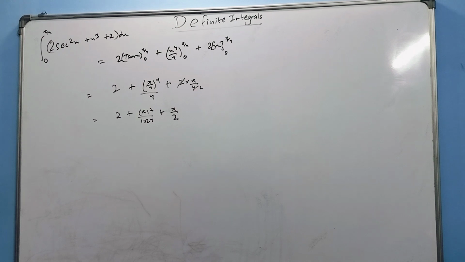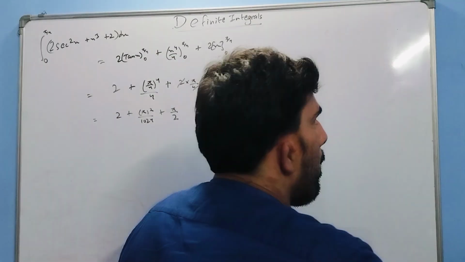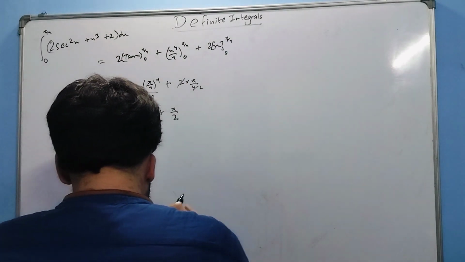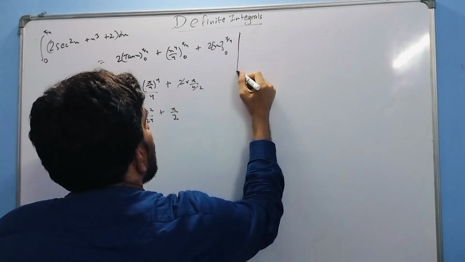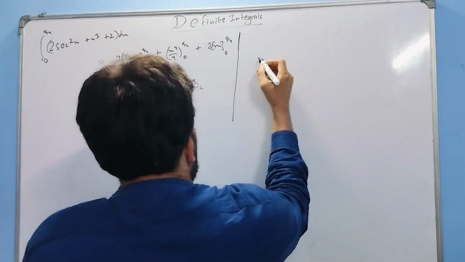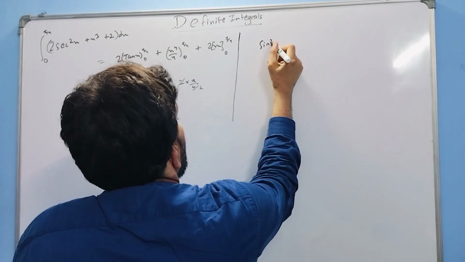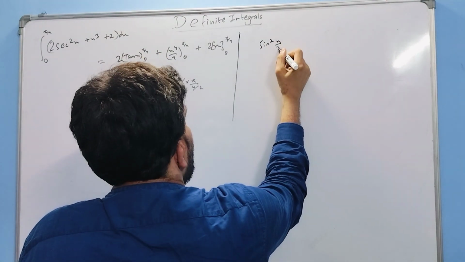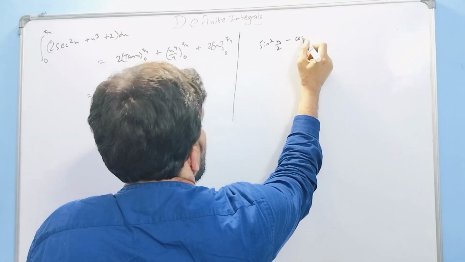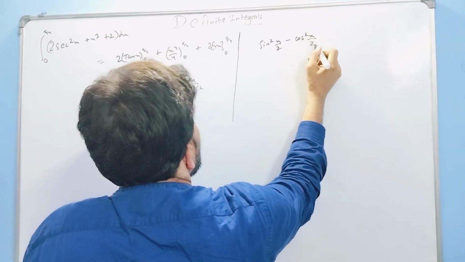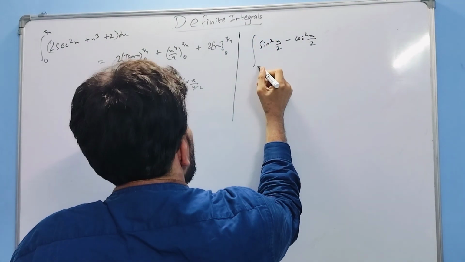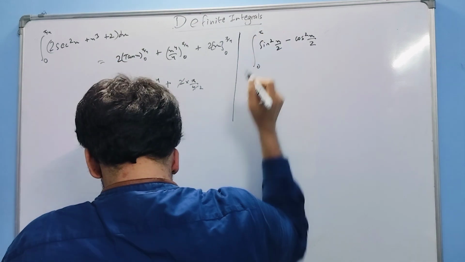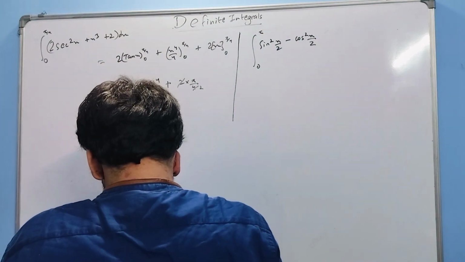Now we'll try to solve another numerical that is to evaluate a definite integral. We have sine square x by 2 minus cos square x by 2, from 0 to pi. Okay, so now let us see how to solve it.